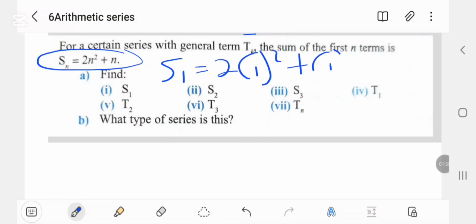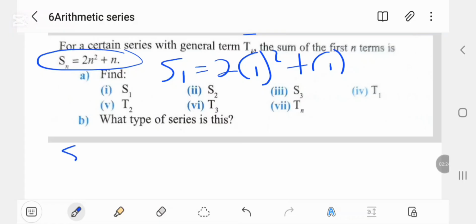And then S2, of course, we also substitute in the formula.